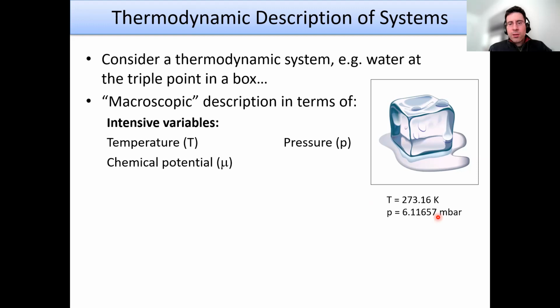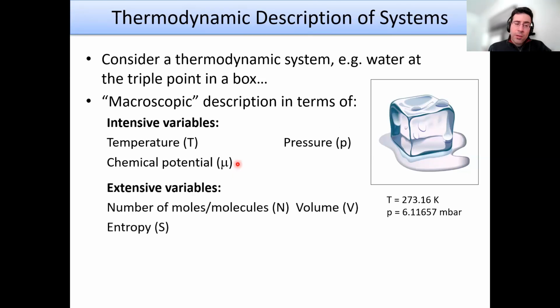So the macroscopic variables that we can measure in that system include temperature, pressure, and the chemical potential of the water molecules. In addition to these variables, which are intensive variables, we have extensive variables. So we're talking about the number of moles or molecules, the volume of the system, and the entropy.